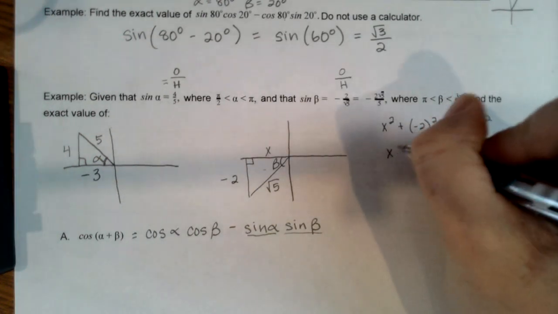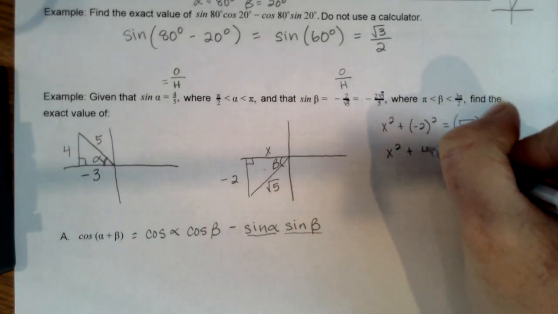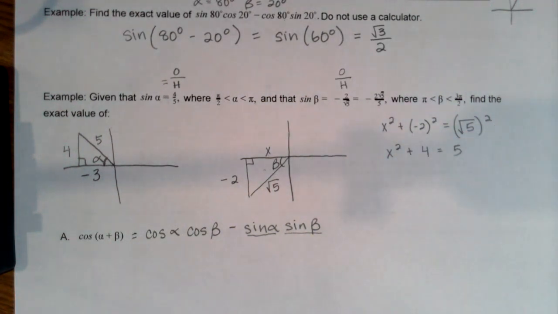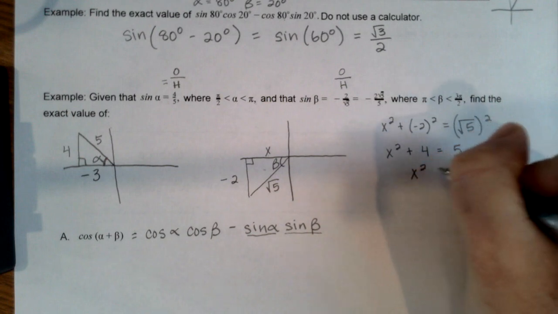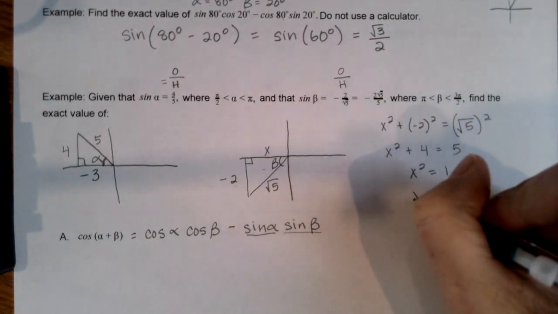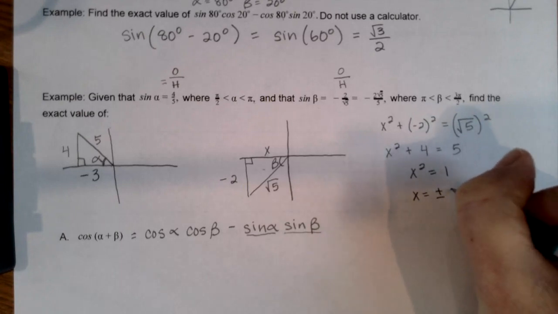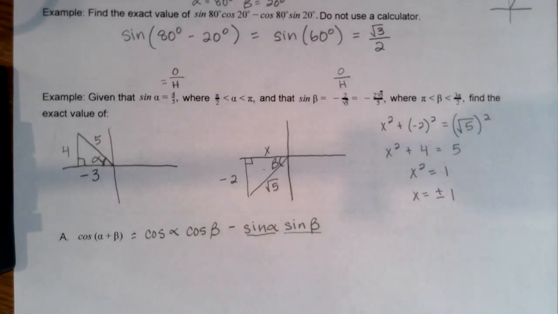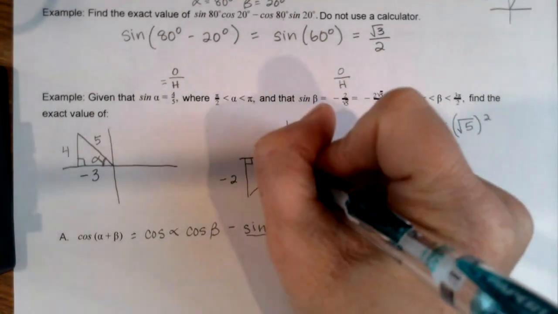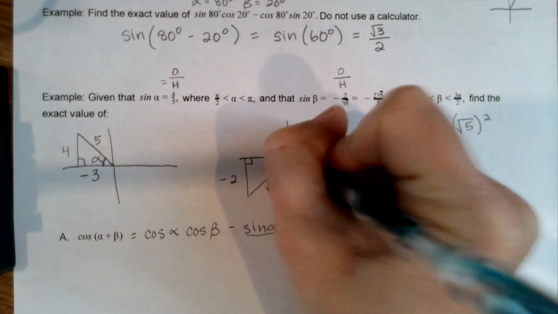So I have x squared plus 4 equals 5, squaring each of the terms. So x squared equals 1 when I subtract 4 from both sides, so x is equal to plus or minus 1. Looking at this, I notice that I'm going in the left direction, so that means my x is negative 1.